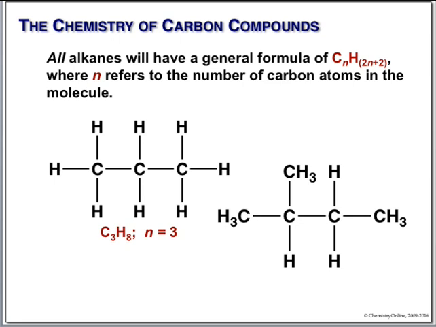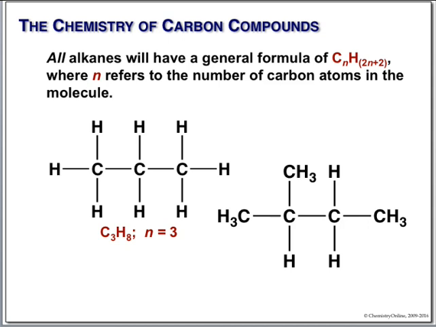The formula is simply CnH2n+2, where n is the number of carbons. So here we have 3 carbons, which means 2n is 6 plus 2 more, 8 hydrogens.